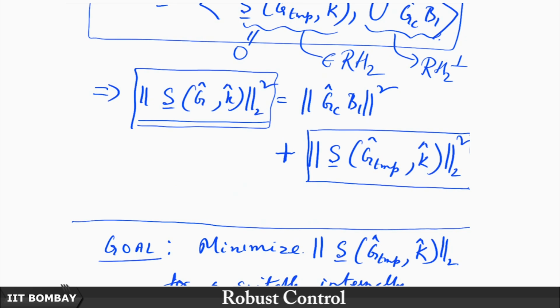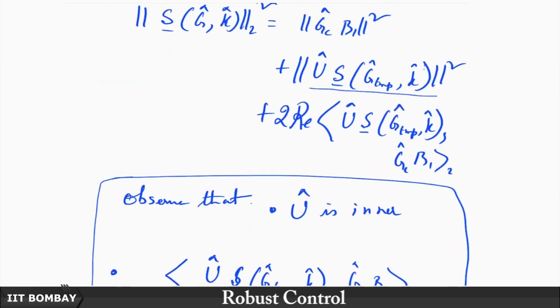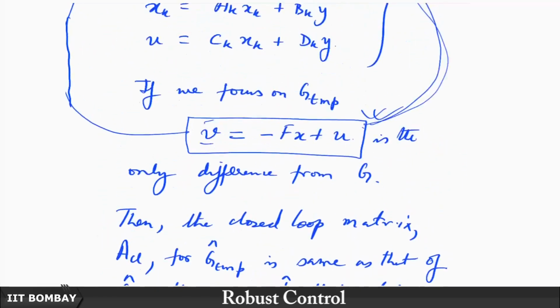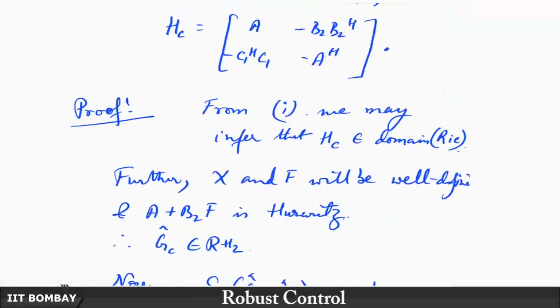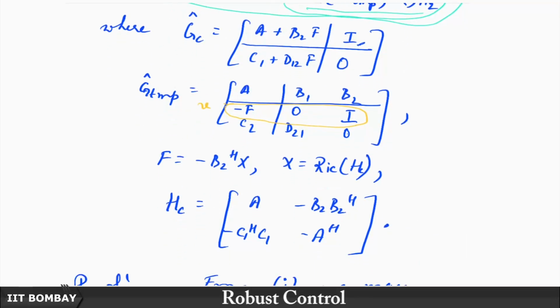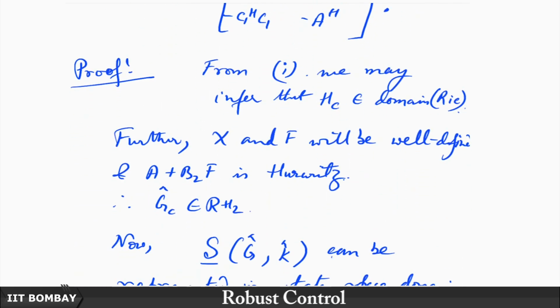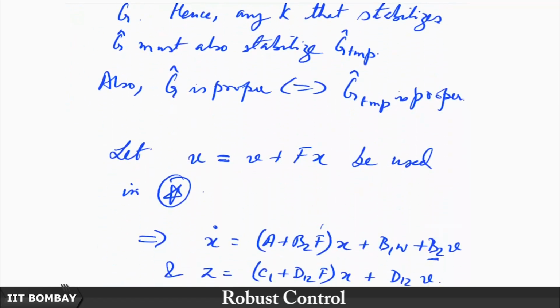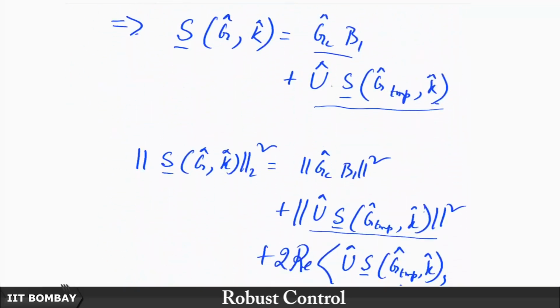You can check that. What happens to the GTMP is what will tell you the answer to this question. Look at GTMP here. Just see what happens to this GTMP and you have your answer. Okay. So, anyway, this is just a curious observation.